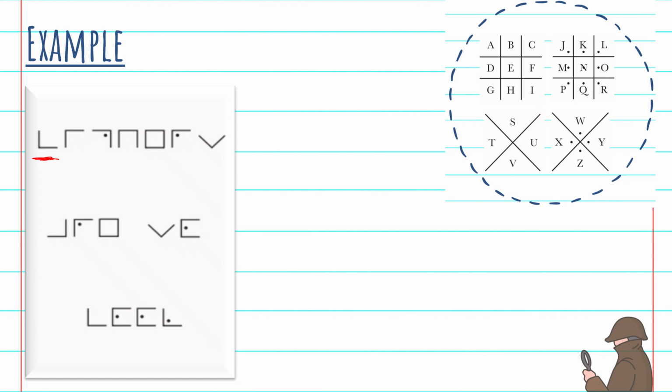This symbol, as you can see, matches the letter C. So let's write the first letter, letter C. Now, the next symbol, let's look for it. It's the letter I.